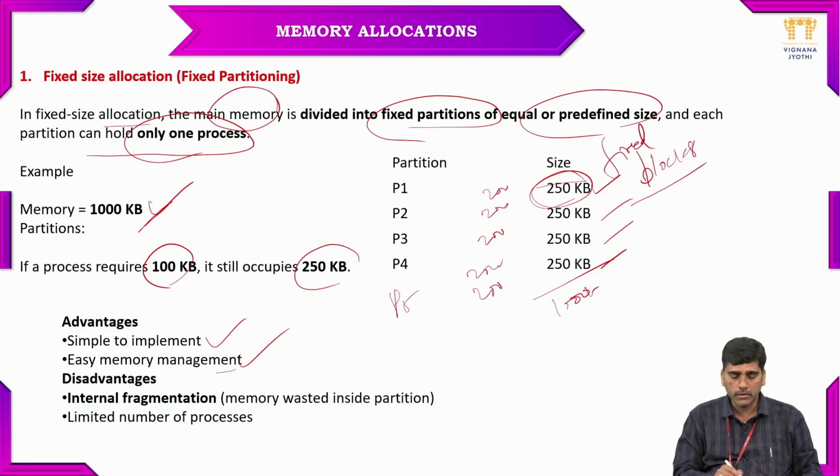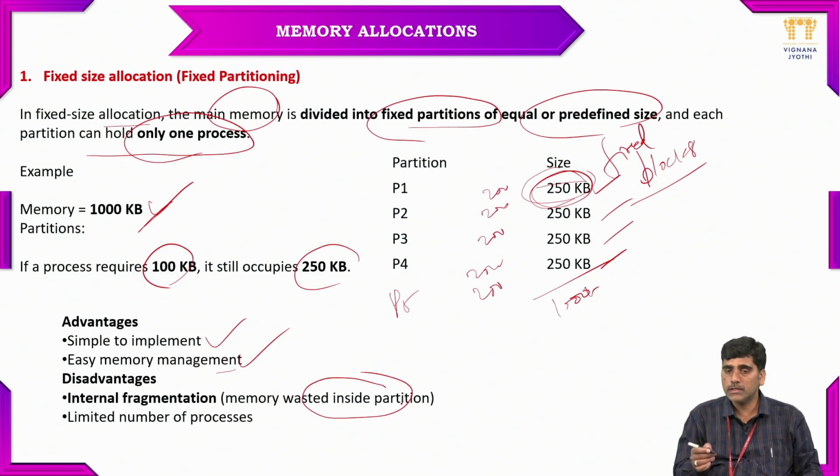And the disadvantage is internal fragmentation. That is memory wasted inside of the partition. As in this example, 100 KB is required for the allocation, but the block size is 250 KB. So 100 KB is allocated and the remaining 150 KB is wasted inside that partition.